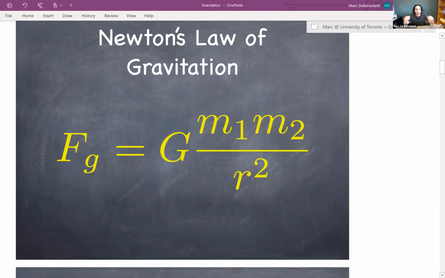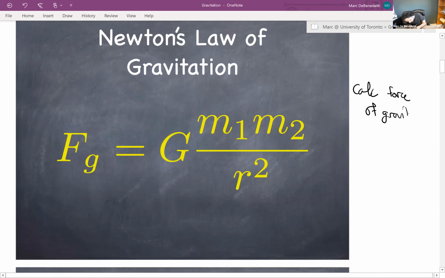It's multiplied by mass 1, mass 2 over r squared, and this calculates the force of gravity between any two objects. Those two objects could be the Earth and myself, the Earth and a chair.